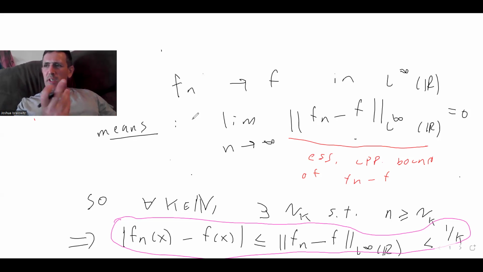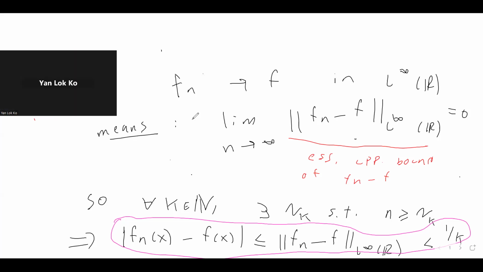Or using Borel-Cantelli, so you show something goes to zero almost everywhere. Could you go over the ones that also use Borel-Cantelli?